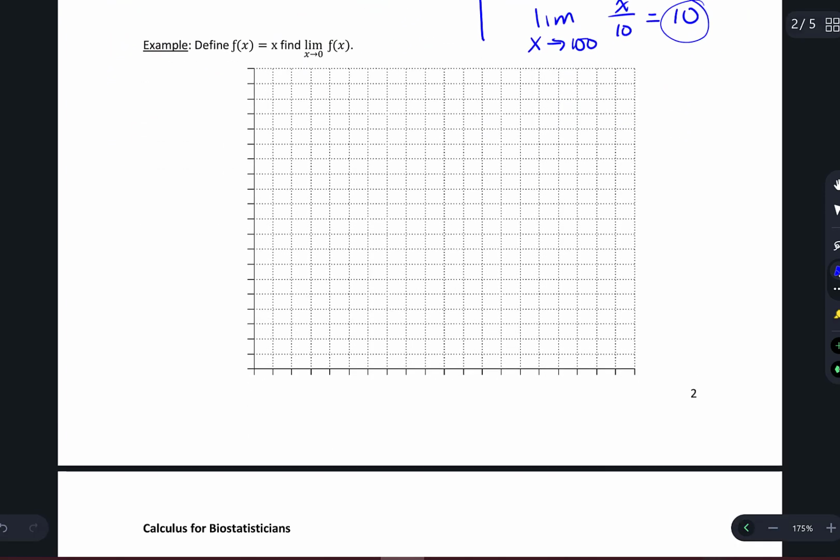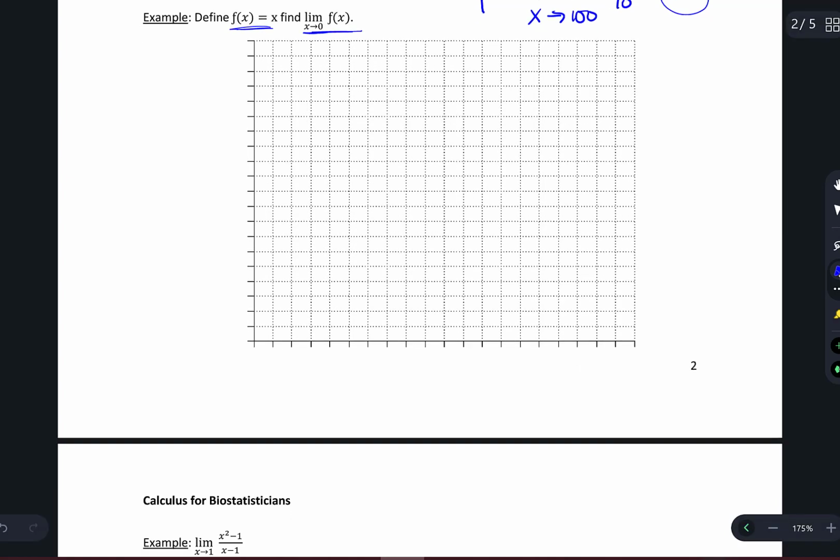So let's look at another example. Here we're going to find the limit as x approaches 0 of f of x, where f of x is just equal to x. Let's draw what this would look like. I'm going to label my axes here. I'm going to have the lower bound be -5 on both the x and the y axis.